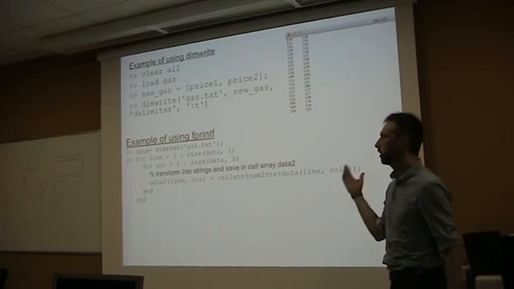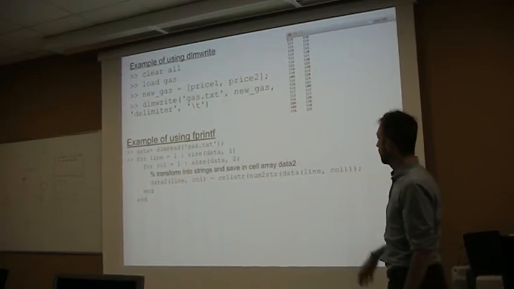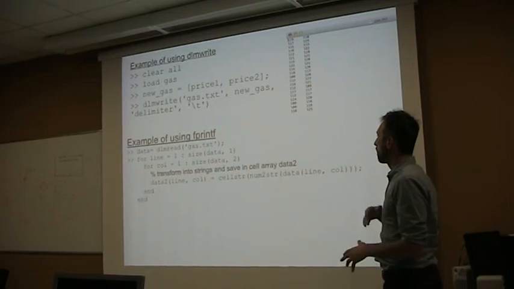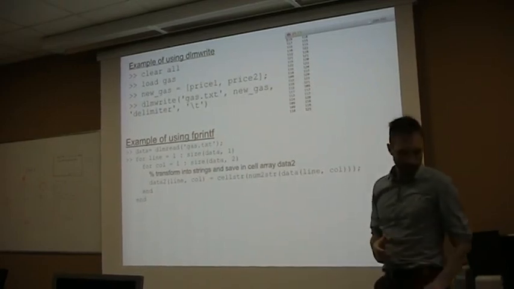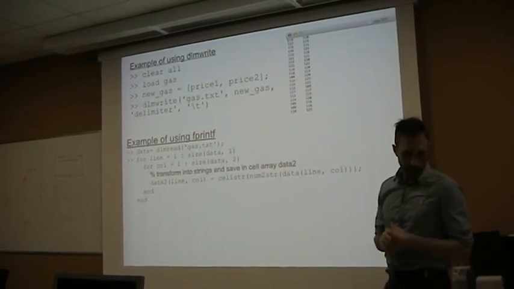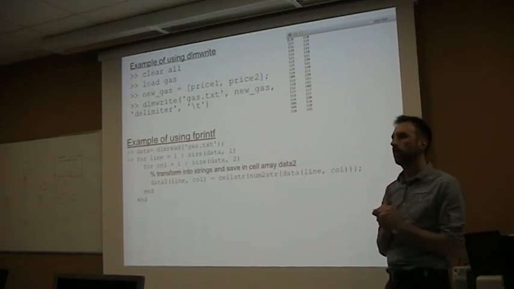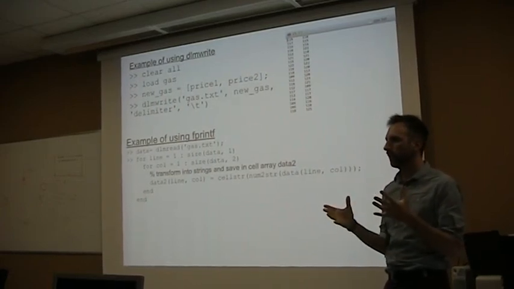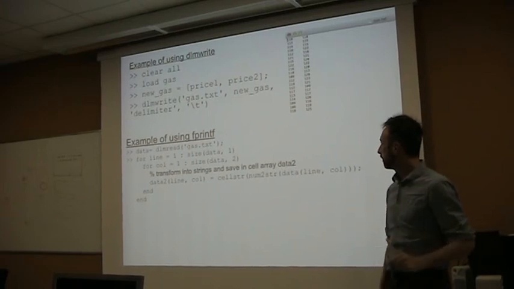However, then if I want to save it with fprintf, well, it's a little bit more complicated. But it has some advantages, because with fprintf, you can save text files in a very neat way.